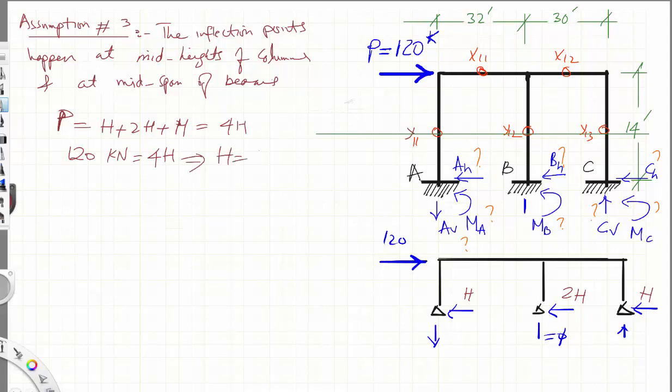That makes H equal to 120 divided by 4, which is 30 kilonewton. So this is equal to 30, this is equal to 60, and this is equal to 30 kilonewton.